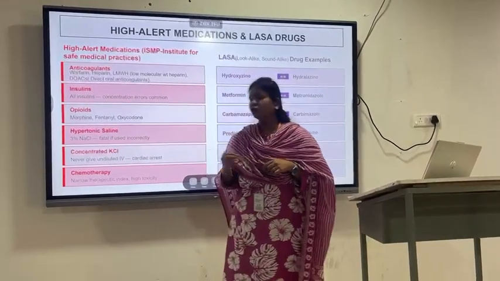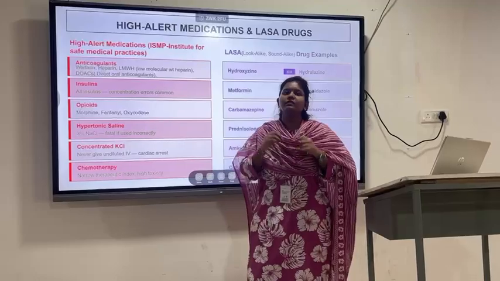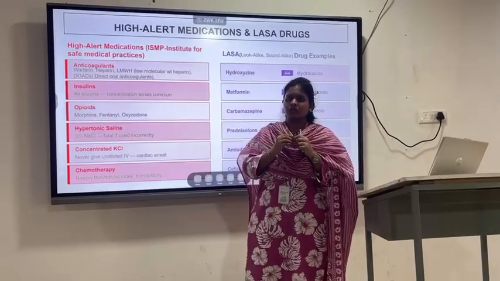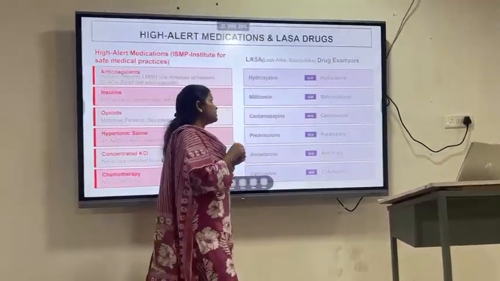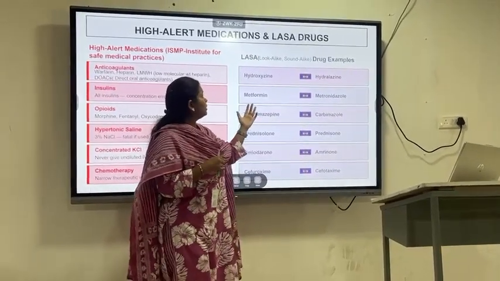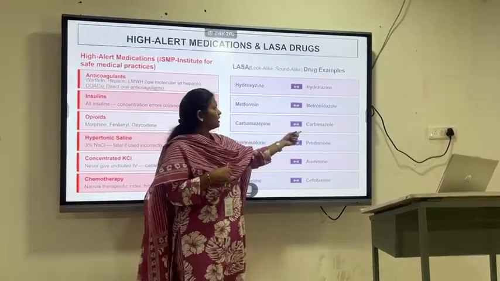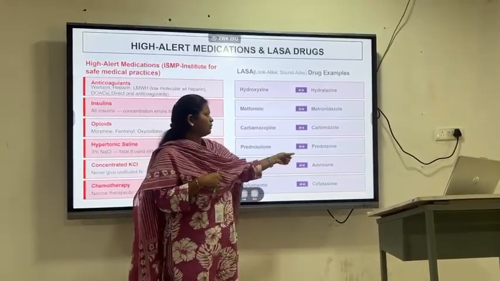Whereas in chemotherapy, narrow therapeutic index drugs are majorly involved, and small dosage fluctuations will cause serious effects to the patient. Whereas the LASA drugs are look-alike and sound-alike drugs. Examples: hydroxyzine and hydralazine, carbamazepine and carbimazole, prednisolone and prednisone.